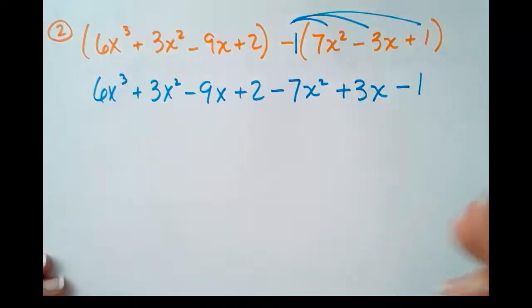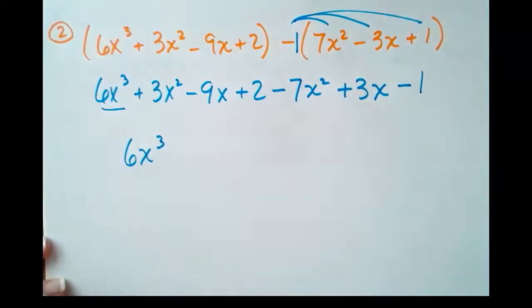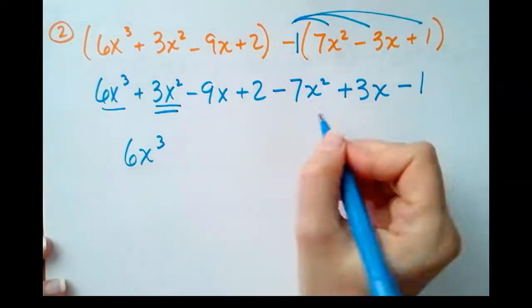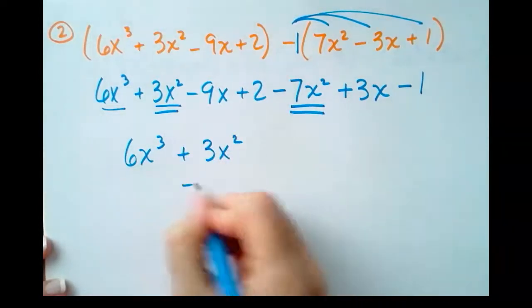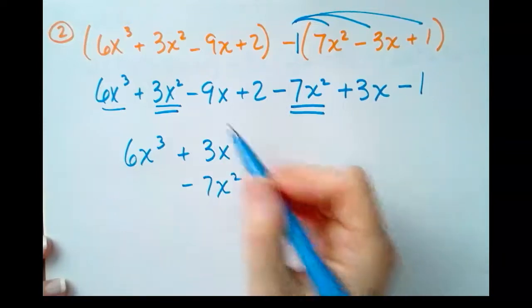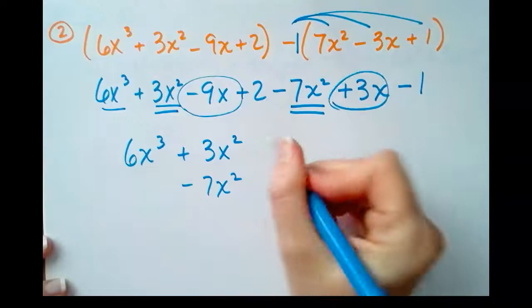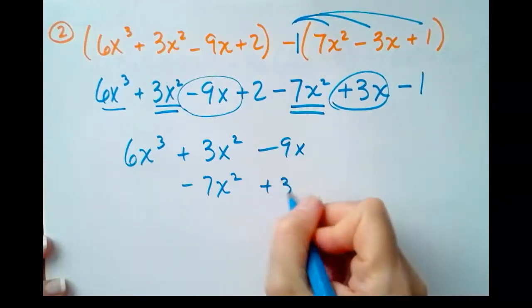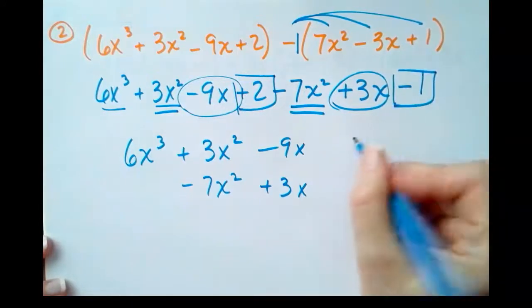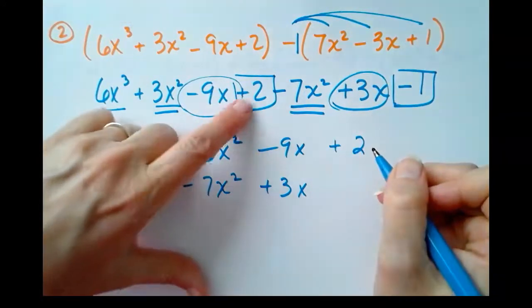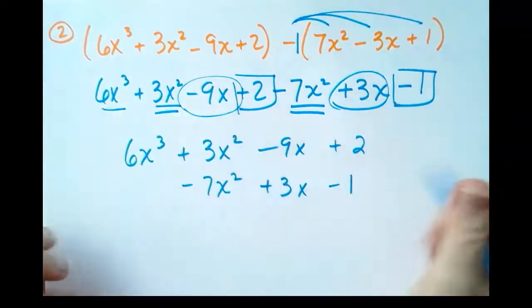Let's line up those like terms. We've got only one x cubed, but then we've got an x squared and an x squared. So plus 3x squared minus 7x squared, lining them up vertically this time. A negative 9x, a plus 3x. And then finally a plus 2 and a minus 1. Be mindful of the signs in front of the numbers.